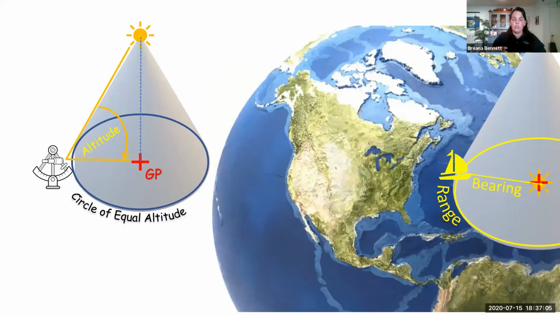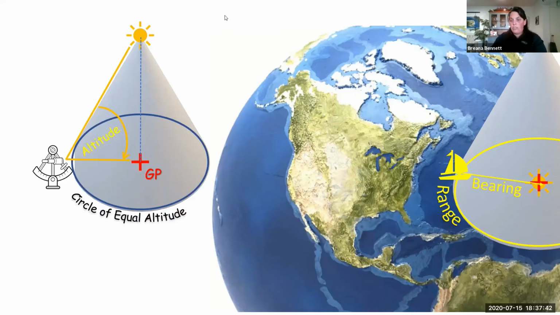And then we can use the sextant to get an altitude of that body, whether it's the sun. And that creates this circle of equal altitude, which is kind of like a range. So if the sun is at 45 degrees, and I know its geographic position, then I am somewhere, infinite possibilities, on that equal altitude circle around that observation of the angle of the sun.